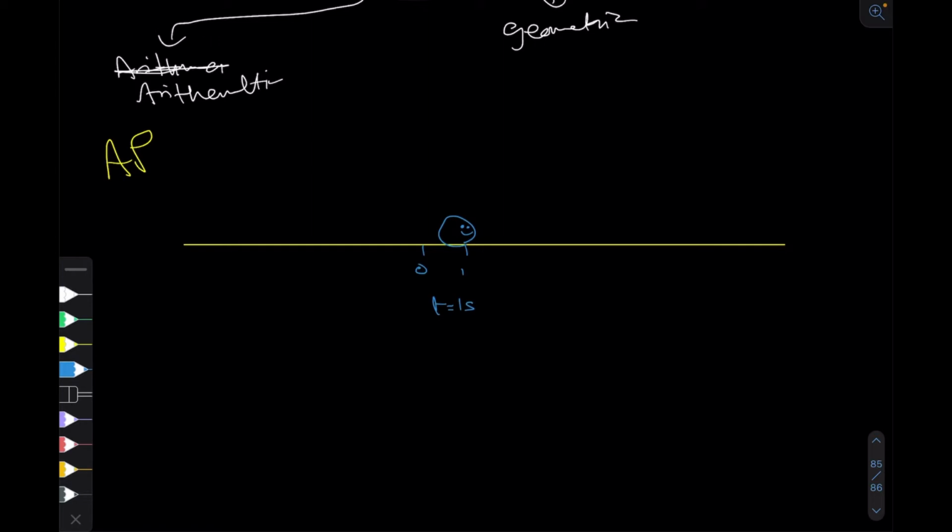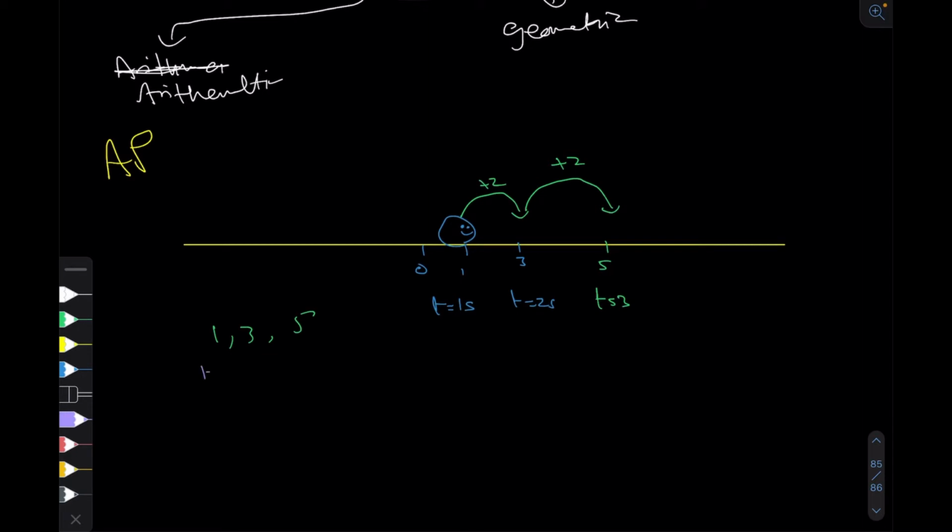After every second, the frog jumps 2 units to the right. So at t equals 2 seconds, it will be at 3. Then another second passes and it jumps 2 more and ends up at 5 at t equals 3 seconds. So 1, 3, 5.